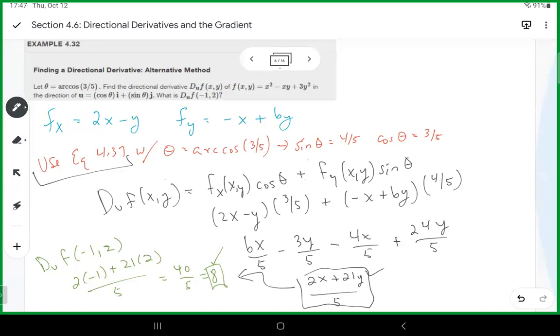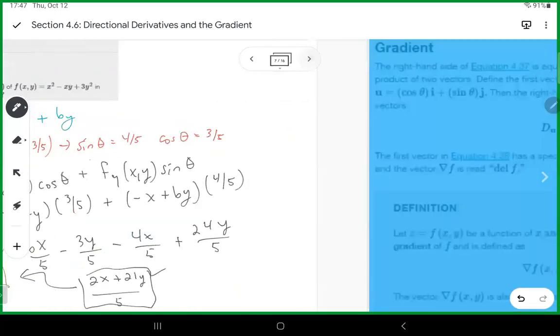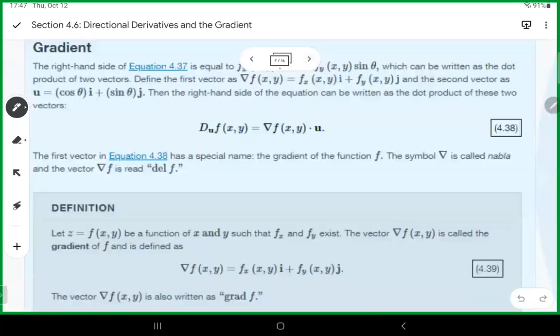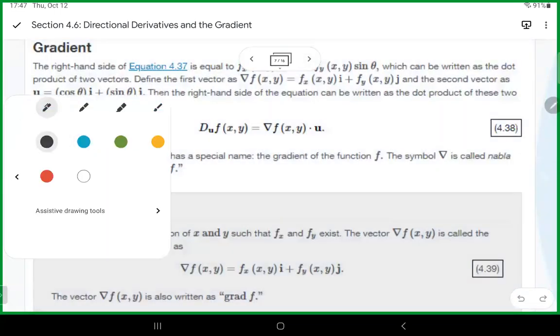Again, I don't care on your test which way you want to show it, unless, of course, it states that you have to use one method or another.